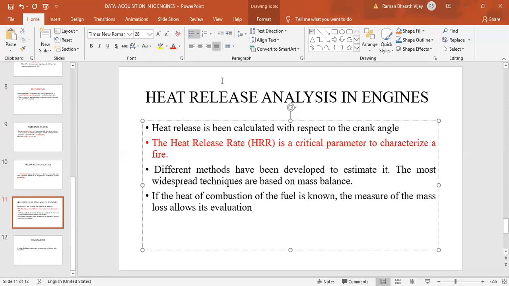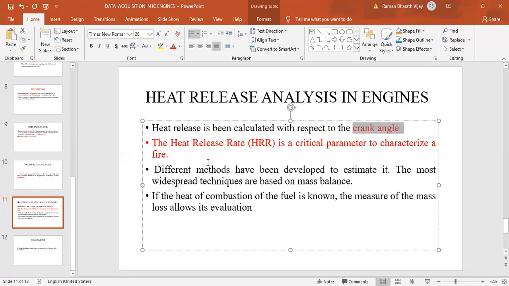Suppose I want to measure the heat release in an engine, then how do I calculate? That is the question. I will use the crank angle to calculate. There may be different methods, but the widespread method is based on the mass balance.